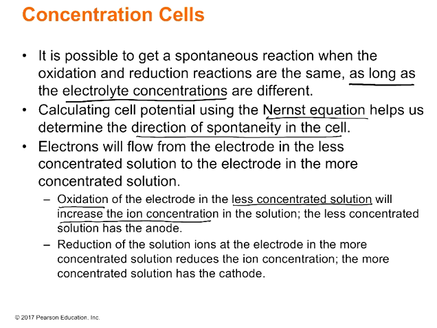And then on the right-hand side, we had reduction of the solution ions. So they were gaining the electrons and turning into pure copper. So we're actually going to see a decrease in the ion concentration as the reaction proceeds. All right, so hopefully that makes sense.